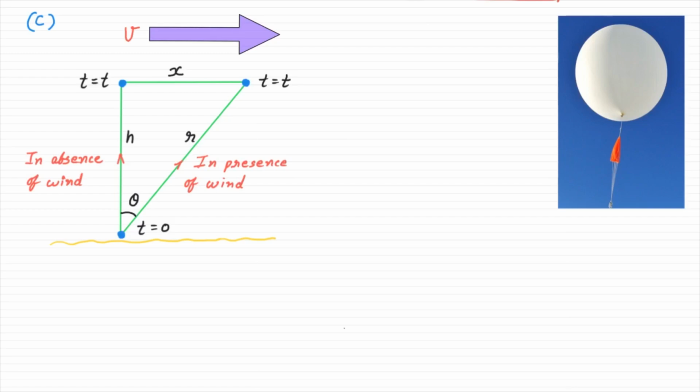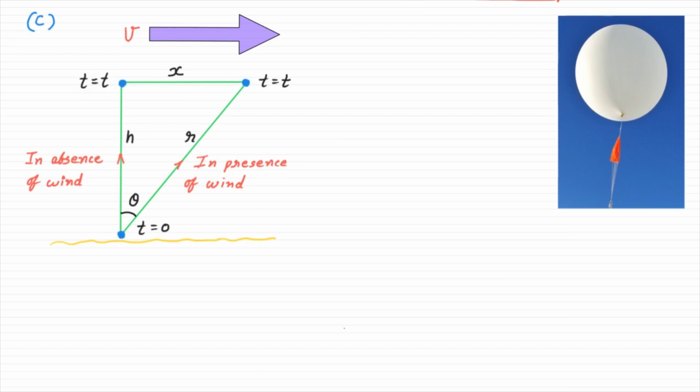Now see this figure. Here is a balloon on the ground, and if there is no wind, then the balloon will move straight in an upward direction. Let us say it covers height h in time t. Remember, it covers height h in time t.